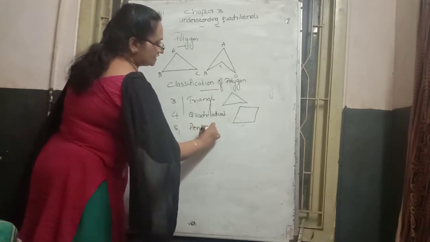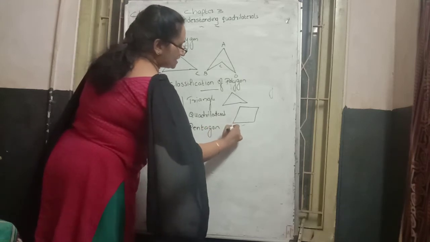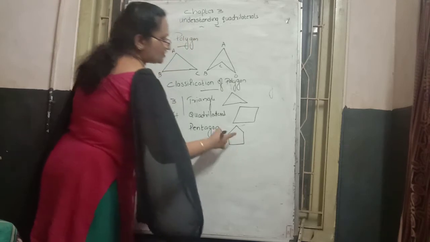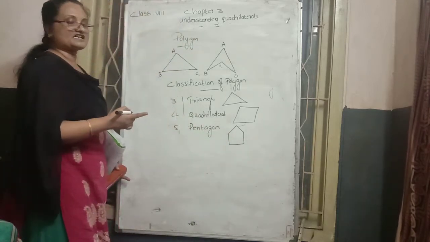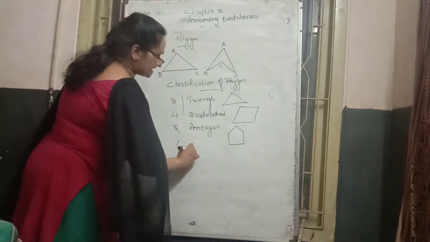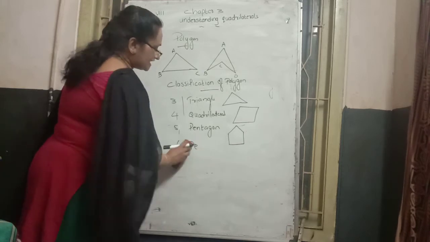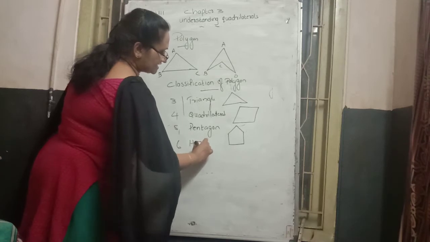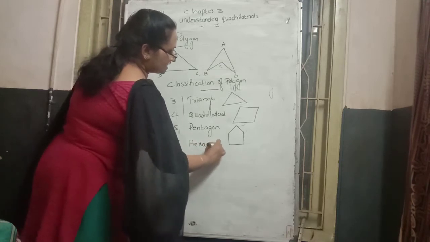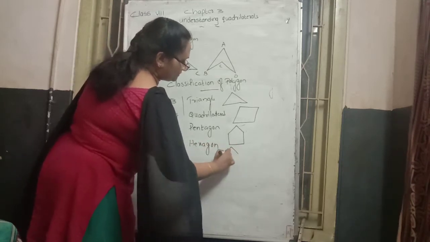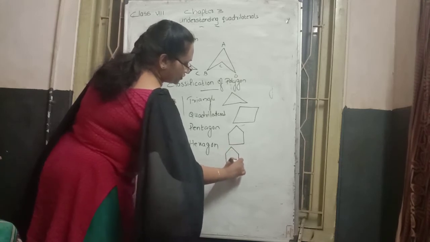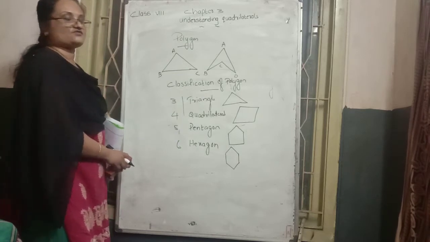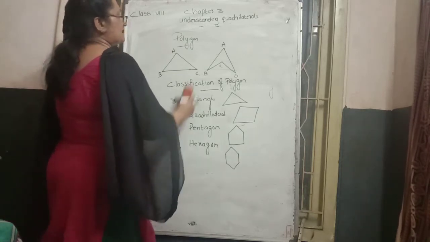Here, see, the pentagon has 1, 2, 3, 4, 5 sides. A six-sided figure we call a hexagon. In a hexagon, 1, 2, 3, 4, 5, 6, like this.